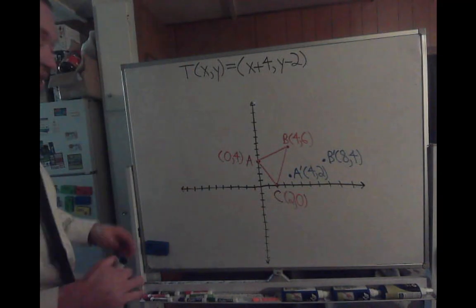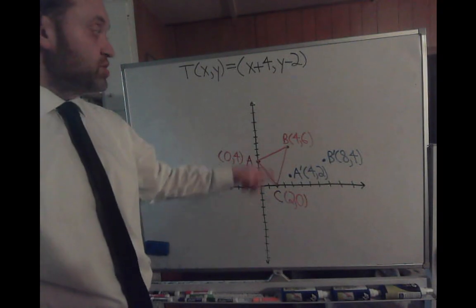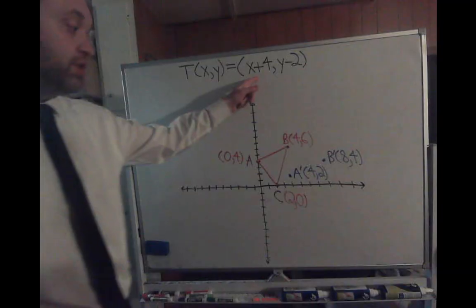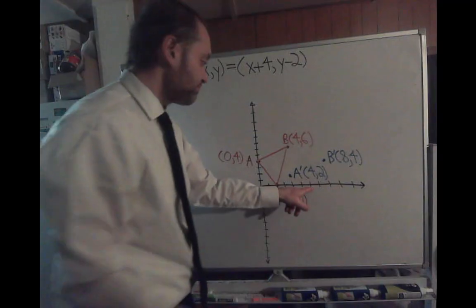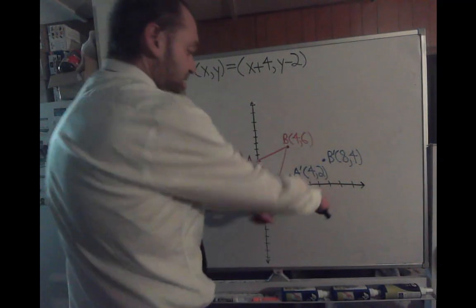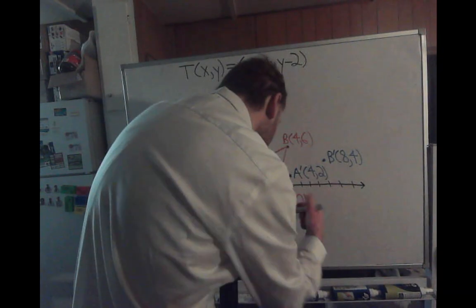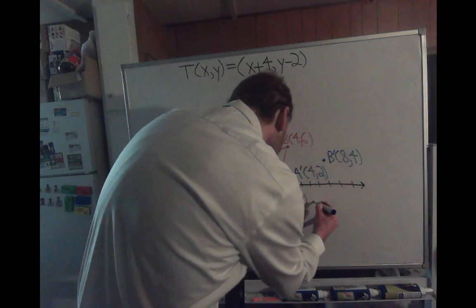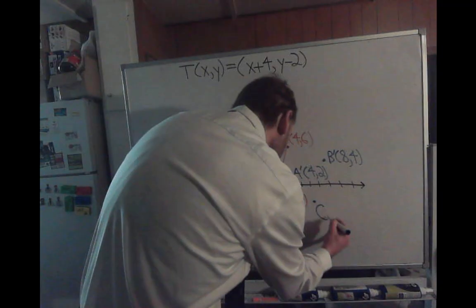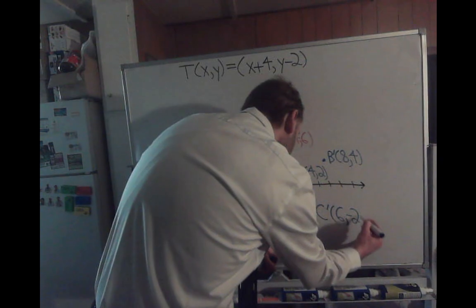So in order to get C prime, take this x value of 2. So put in 2 for x plus 4, you'd get 6. You'd be located at 6 on the x-axis. Then put in that 0 value of y for y minus 2, you'd end up being at 6, minus 2, which would be about right there. So here's your C prime at the point 6, minus 2.